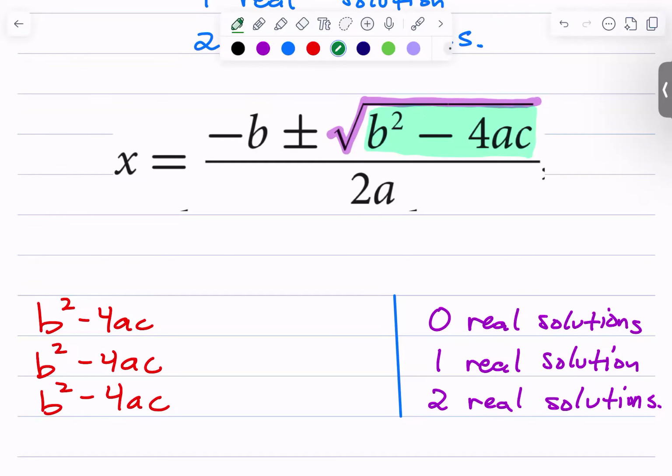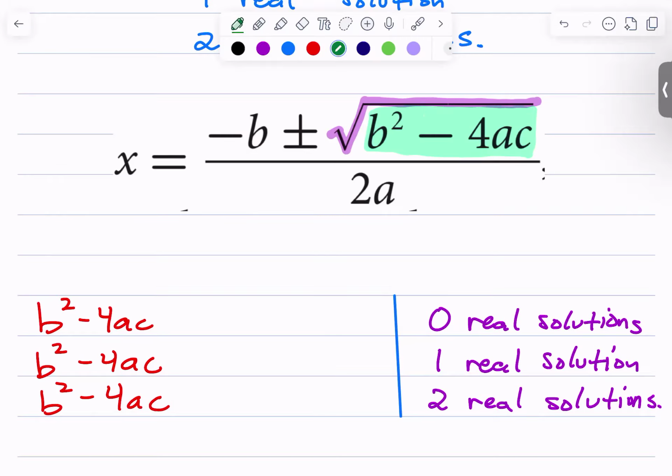If b squared minus 4ac is a negative number, what is the square root of, let's pick a random negative number, negative 4? You might think it's 2, but 2 times 2 is positive 4, not negative 4.